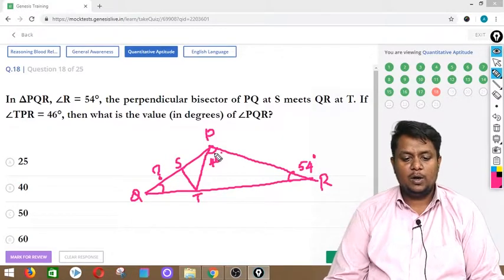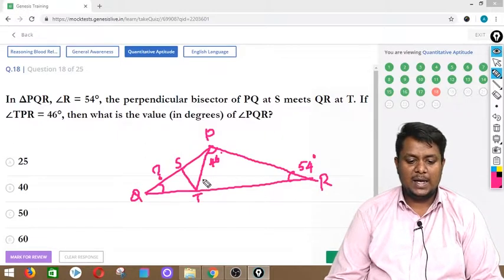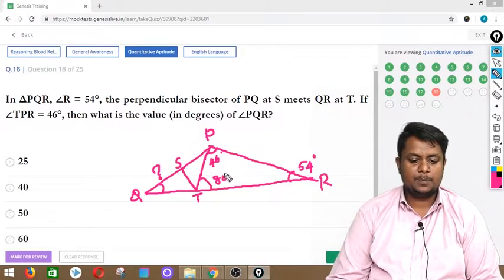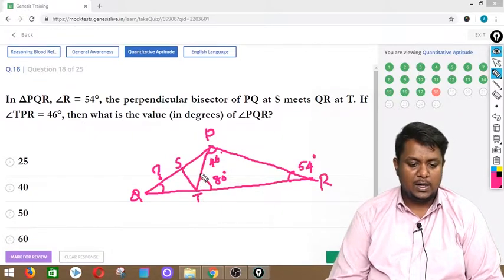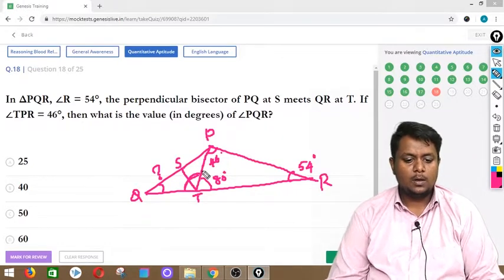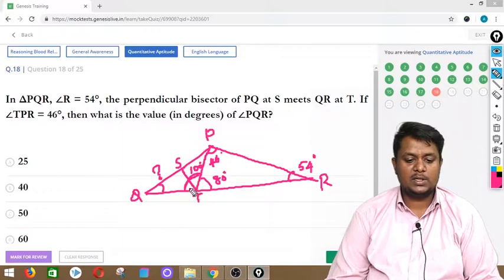Now we know that in triangle TPR, the missing angle is 80 degrees, and the remaining angle here should be 100 degrees, because this is a straight line.